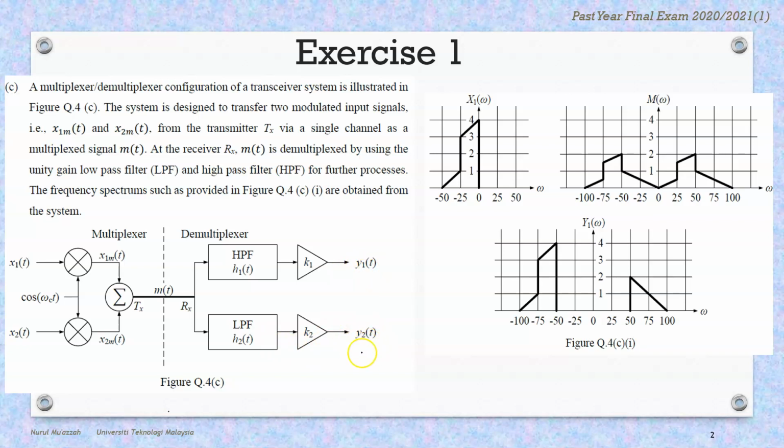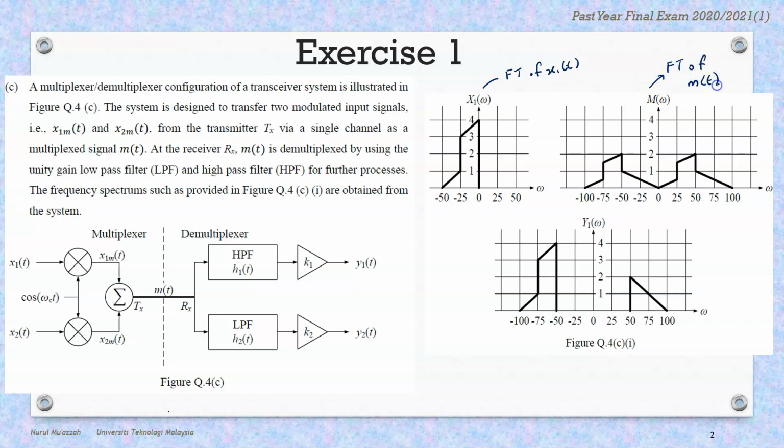to produce two signals, Y1(t) and also Y2(t). So the information given here is, first, this is X1(omega). X1(omega) here is actually the Fourier transform of X1(t). And M(omega) here is the Fourier transform of M(t).